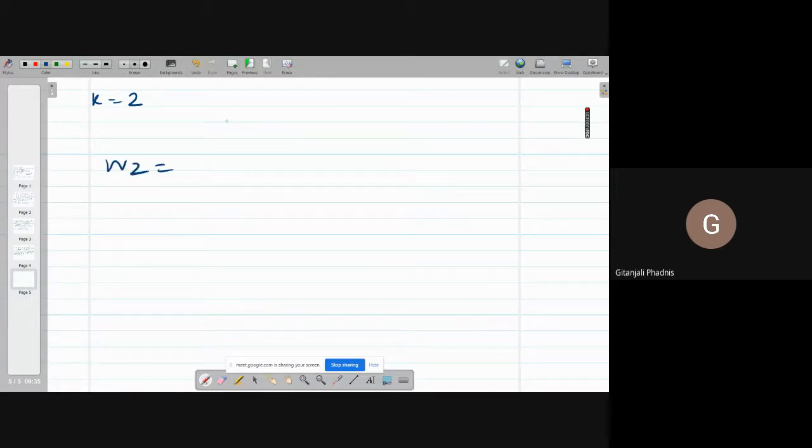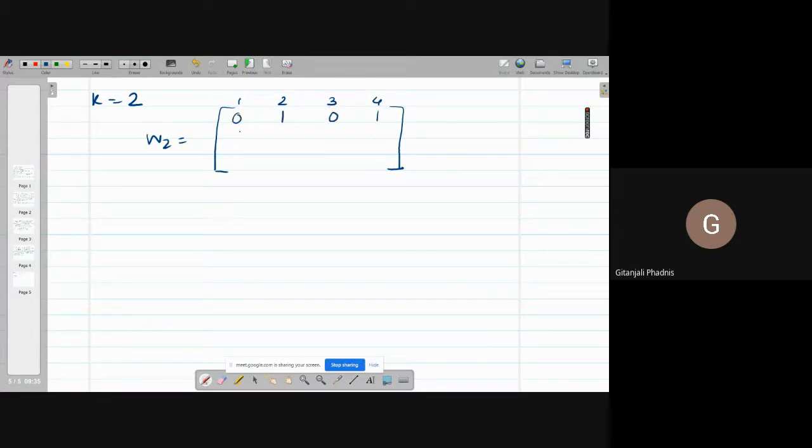While writing W2, I will transfer all my ones. So I'm getting 1 0 1.